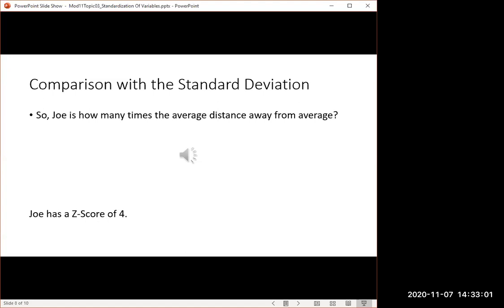So, how many times the average distance away from average is Joe? Take the 2 degrees difference that Joe has, divided by the half degree difference that your average Martian has, and Joe's 4 times as far away from average as your average Martian. So we say he has a temperature of 4 standardized units.